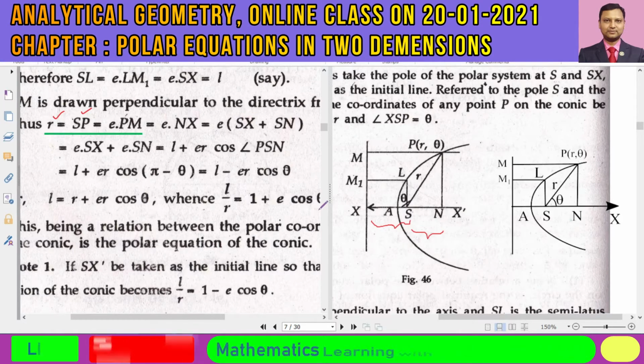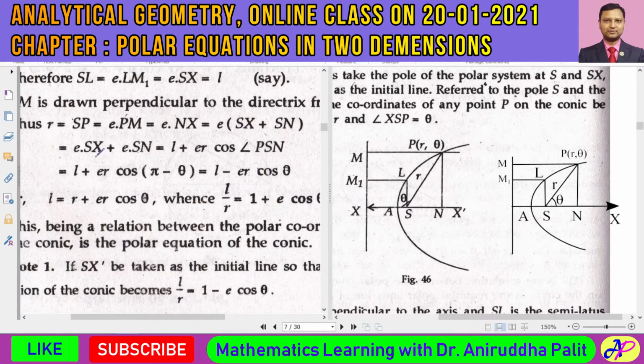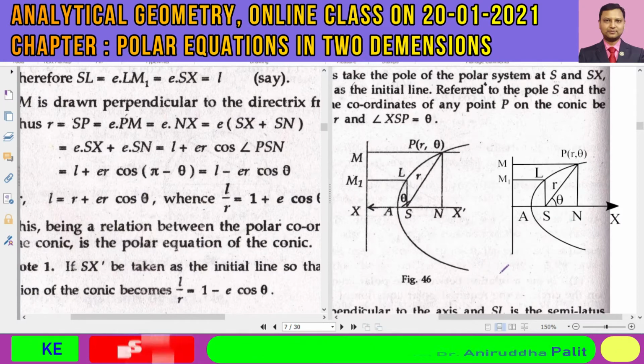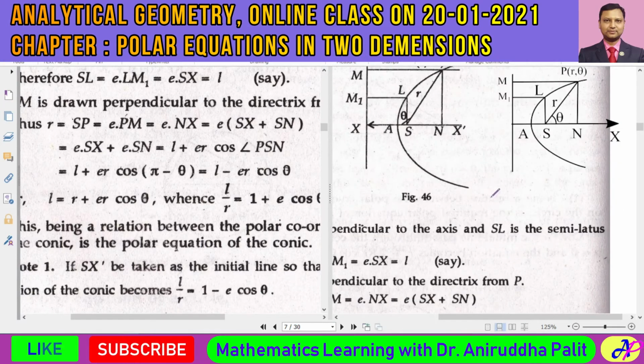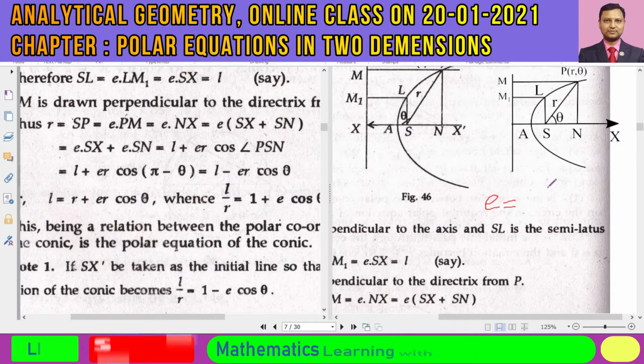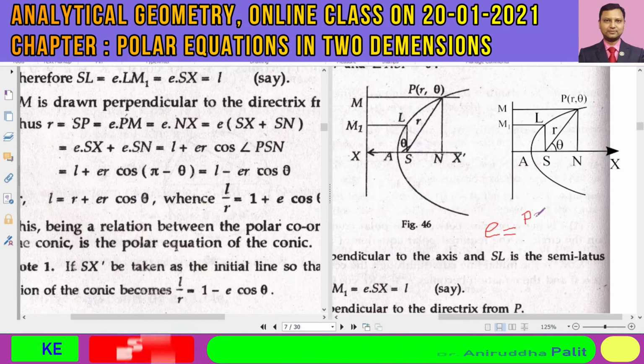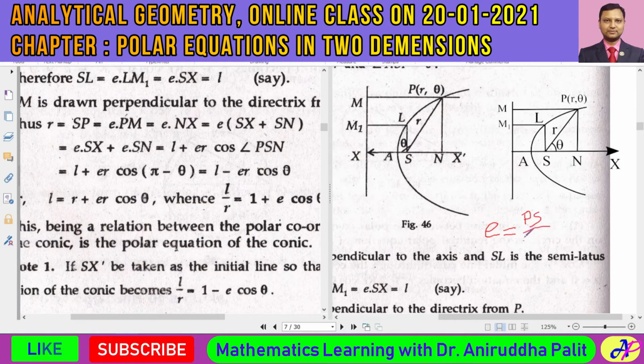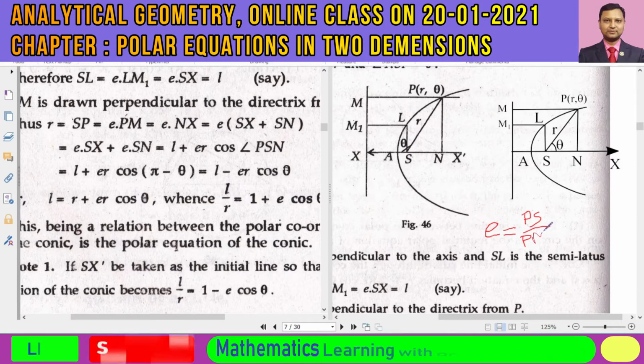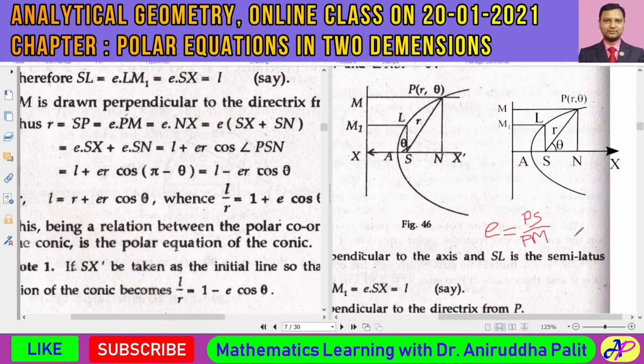Okay. Now, as per the definition of this eccentricity E, let me write it over here. E should be equal to PS divided by PM. This is the definition of eccentricity, the ratio of these two distances.